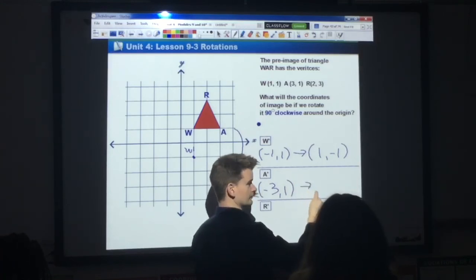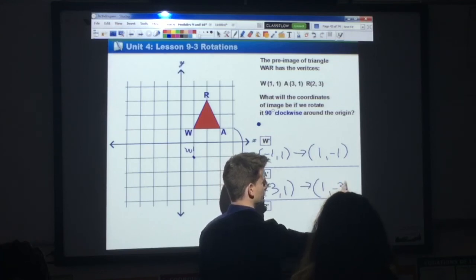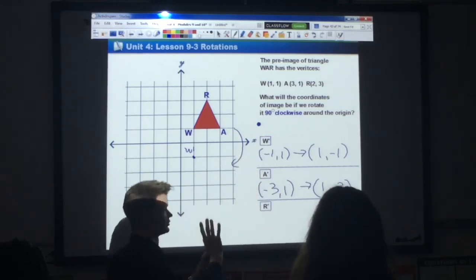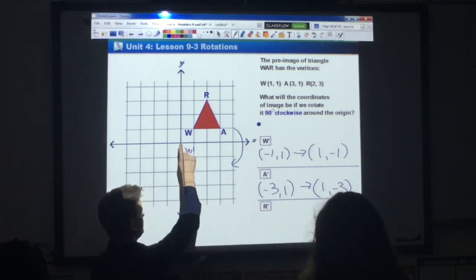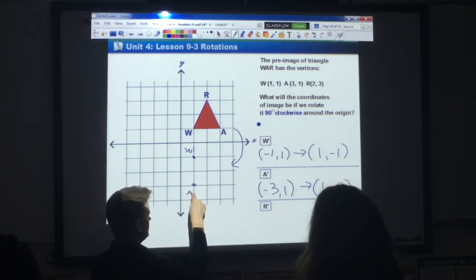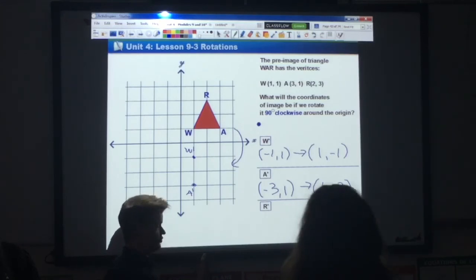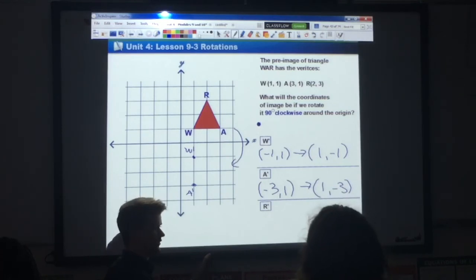So what's it going to become? 1, -3. Beautiful. We go to the graph. We drop the point on the graph. 1, -3. 1, 2, 3. That becomes my A prime. Make sure when you're doing this, you label the points as you do it. You can do everything correctly, but if you mislabel my vertices, I am going to count it against you. You have to do that correctly. All right. Any questions so far? Okay.